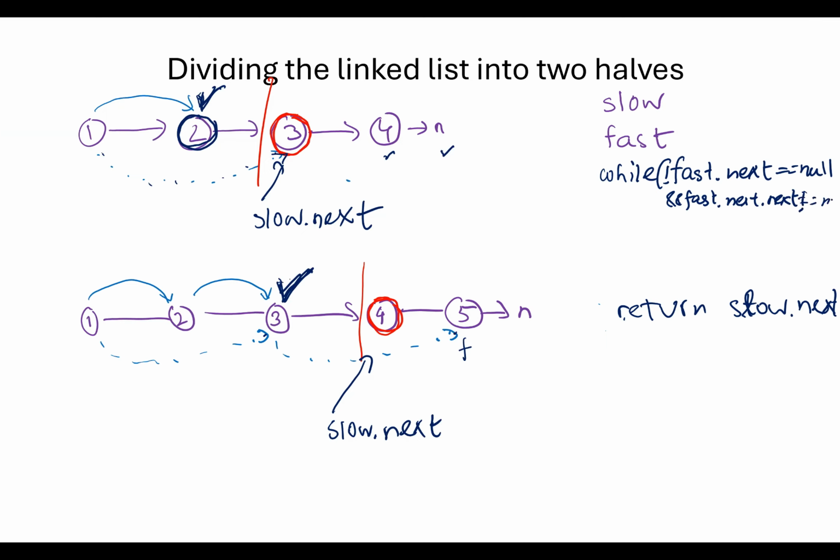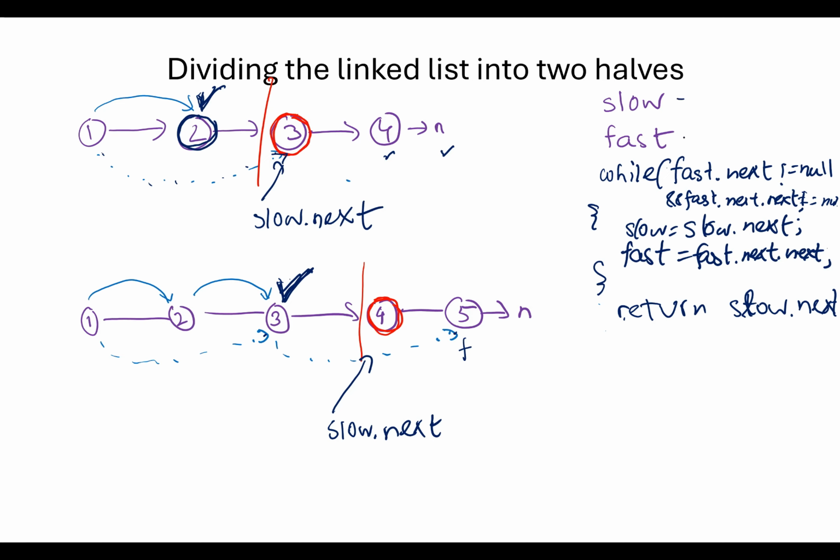If these two cases are true, only then we move. So slow becomes slow.next and fast becomes fast.next.next. So fast moves at twice the speed, right? So this is the thing.